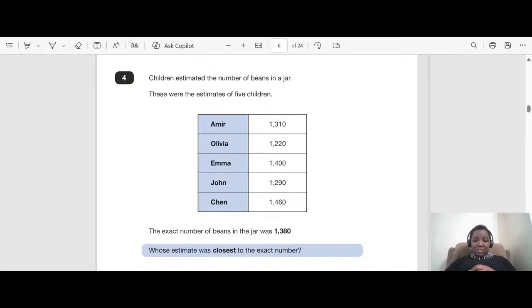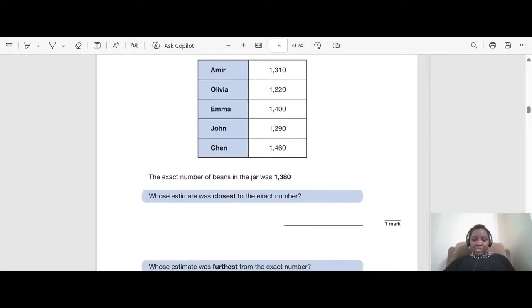And Chen gave an estimate of 1,460. Now, the question tells us that the exact number of beans in the jar was 1,380. So, whose estimate was closest to the exact number? With an exact number of 1,380, the one that is closest is 1,400, and that was the estimate given by Emma. So, Emma is the answer.